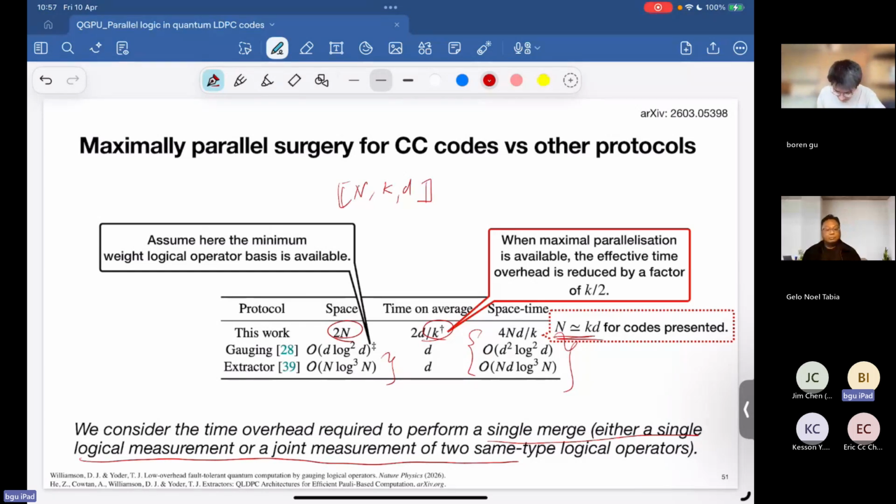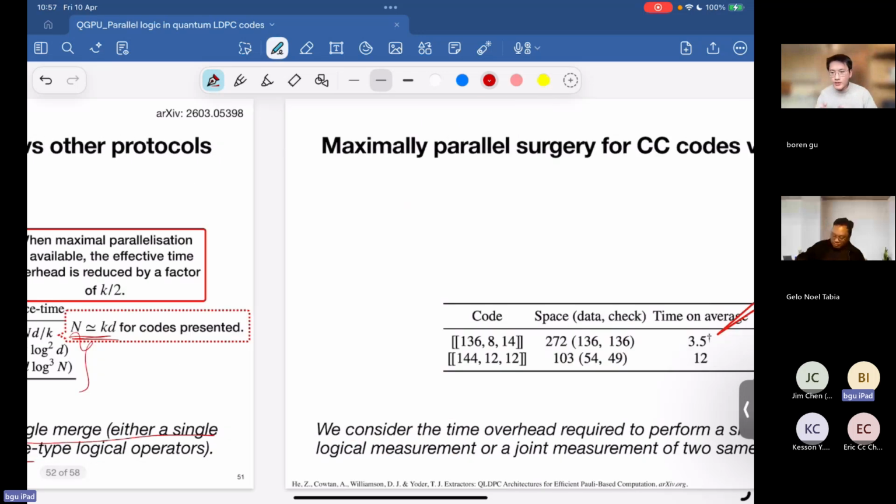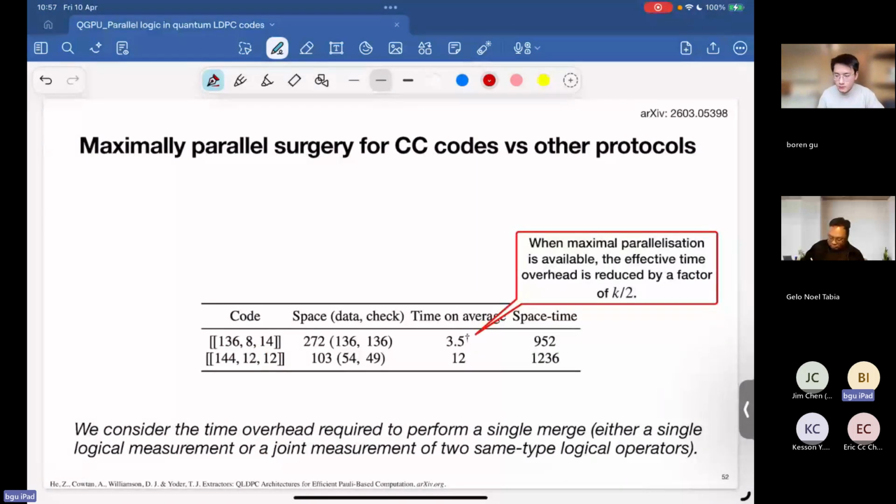And so, with a solid example, we compare with what IBM has done with the extractor method for this gross code. When we achieve this maximal parallelization, the space-time overhead for our code is reduced by around 300.